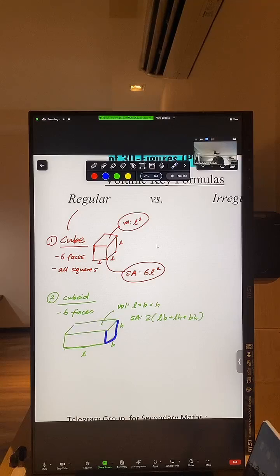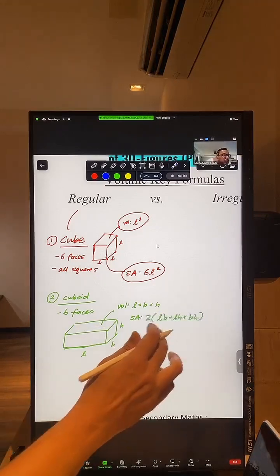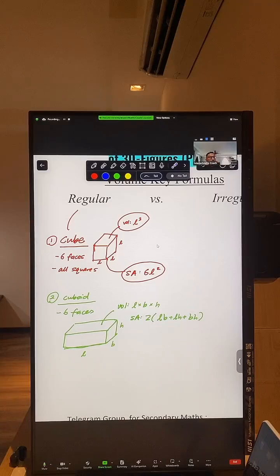You all see that? And then there's one on top and there will be one below. So that's why 2 times L times B plus L times H plus B times H. This is the formula for the surface area of a cuboid.